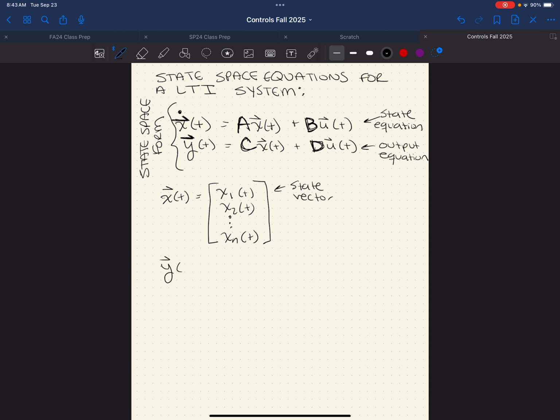Similarly, y is our output vector, and it's made of outputs y1, y2, down to yp.